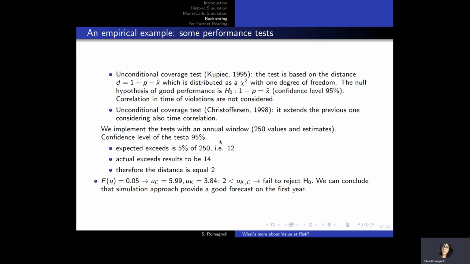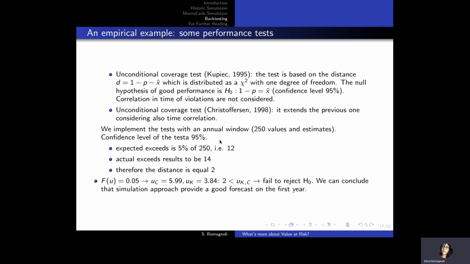We have actual exceedances equal to 14, therefore the distance turns out to be equal to. Now we know that the distribution of the statistic is chi-squared and the confidence level of the test is 95%, so 1 minus C results to be equal to 5%.